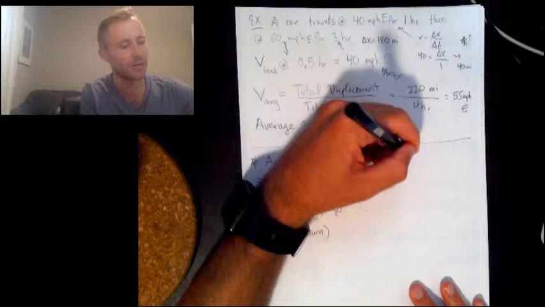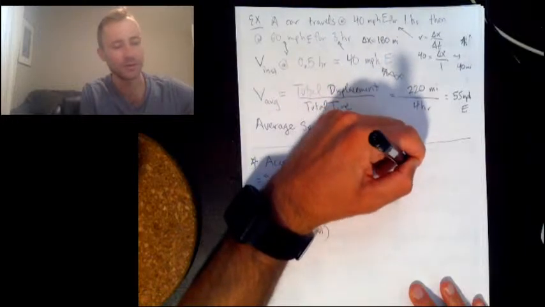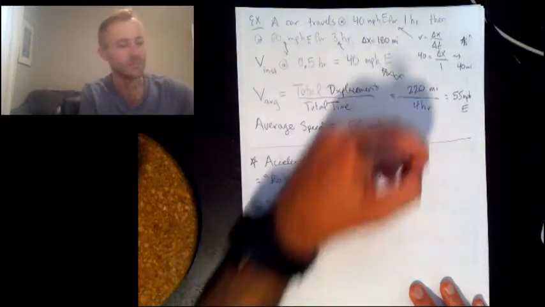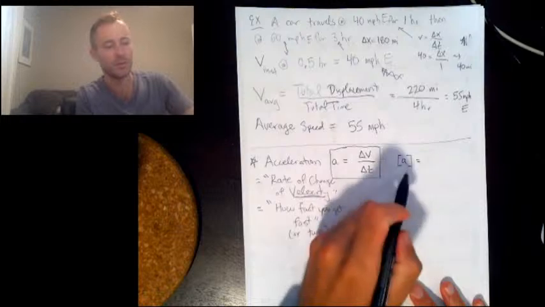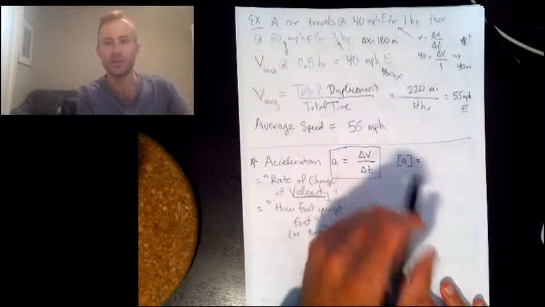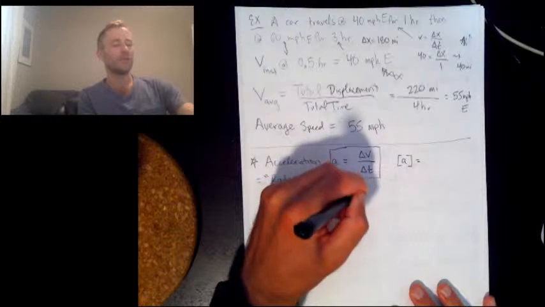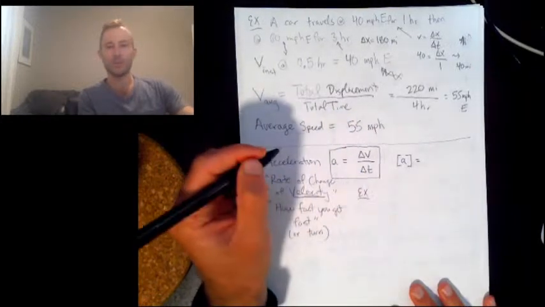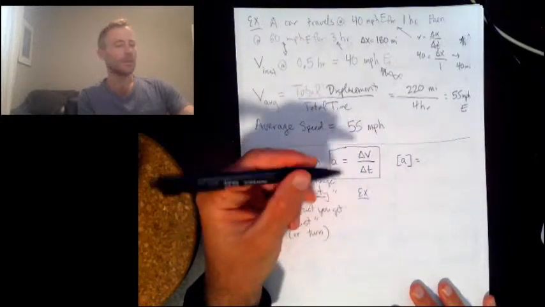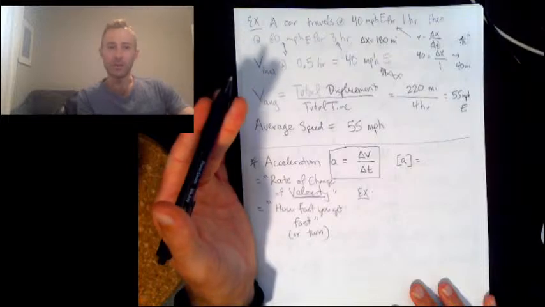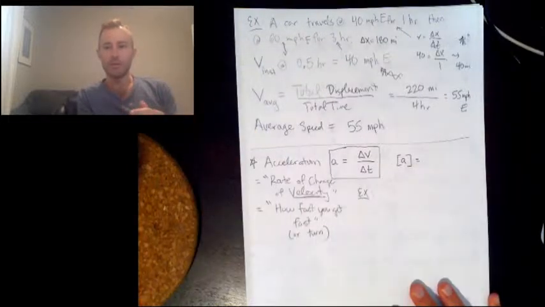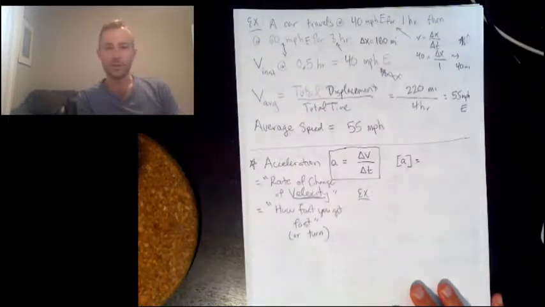Go ahead and type it into the live chat if you know what this means. If you know what that stands for, these square brackets, go ahead and type it into the live chat. And I'm going to write down an example while I'm waiting for your response. One of the places that you probably already know about with acceleration is 0 to 60 times.